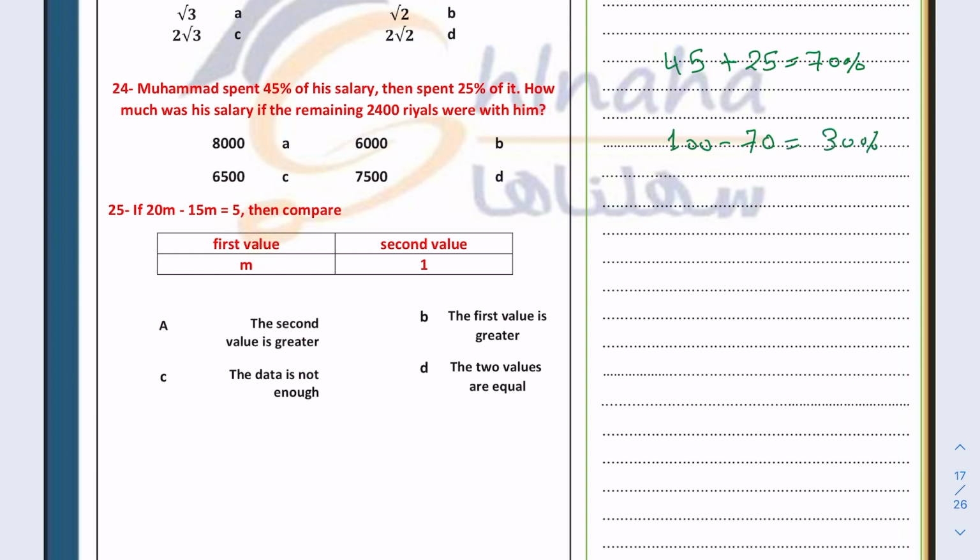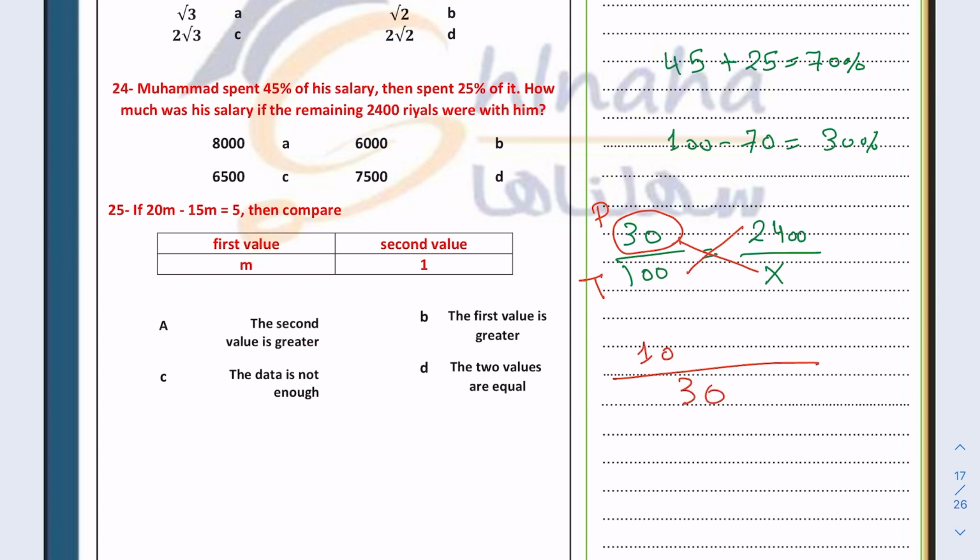I can solve this question by writing 30 over 100, meaning the 30% represents 2,400, and the salary is missing, which is x. We always have to keep the part up and the total down. Use cross multiplication. Any number with x will be down, and the two numbers will be up.